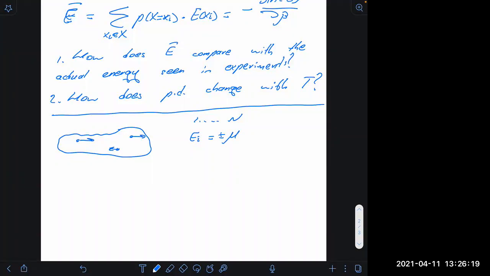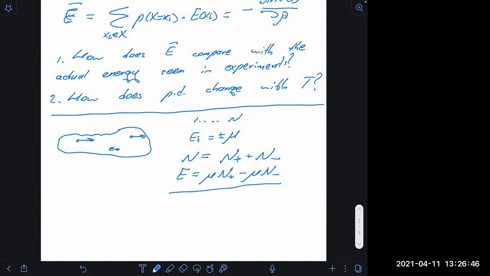Since n, the total number of particles in our paramagnet, is just the number of particles oriented positively plus the number oriented negatively, the total energy of the system, E, is just mu n sub plus minus mu n sub minus.